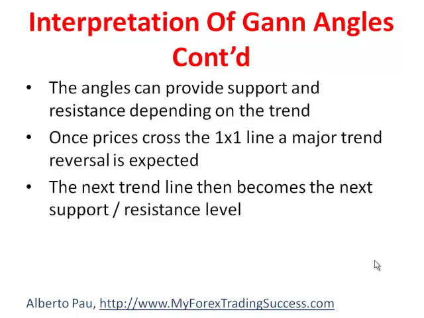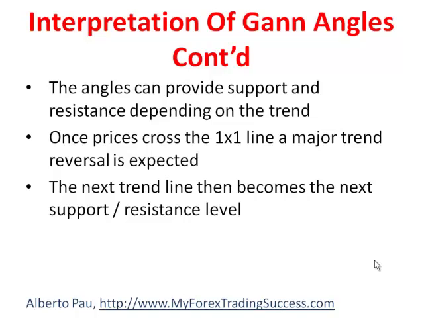So how do we interpret these Gann angles? We've had an overview before, and we start to understand how Gann angles provide support and resistance, depending on which way around the trend is. It's worth noting, and this is a continuation of the last statement in the previous slide, that once we are crossing the 1 by 1 line, so let's say we go from below to above the 1 by 1 line, then we are expecting a major trend reversal.